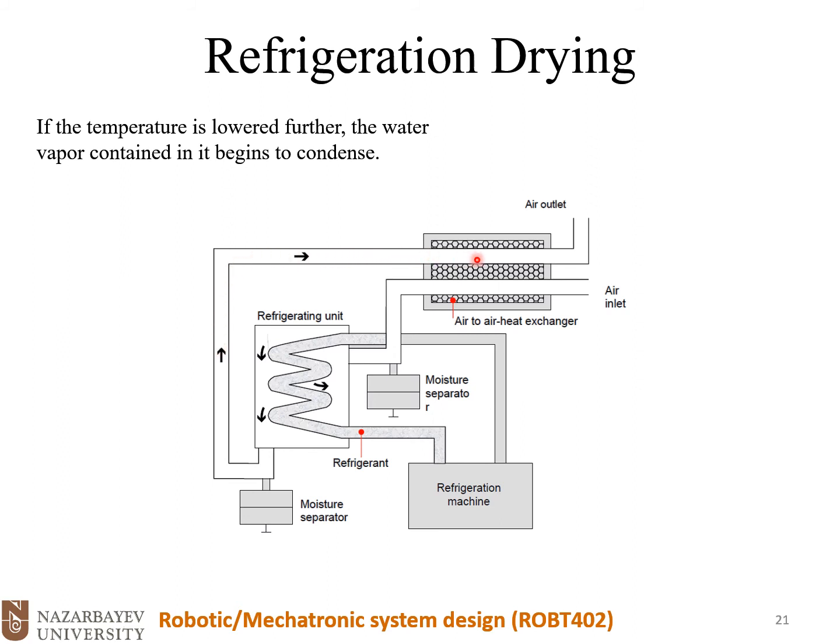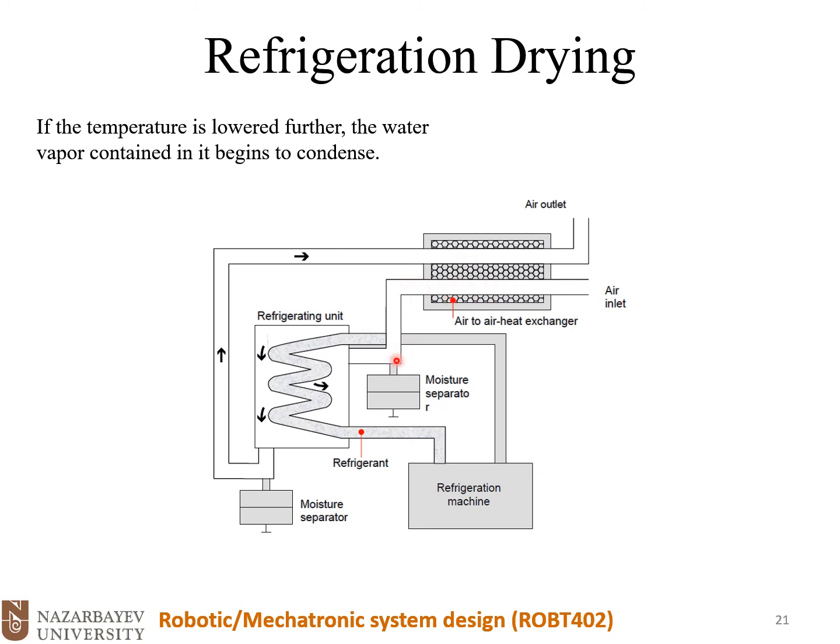So it will pass through this heat exchanger. At the heat exchanger, basically we are exchanging heat between the air inlet and the output dried air. So the temperature of the air here will increase. It will absorb some energy from the input air, plus the temperature of the input air will drop.